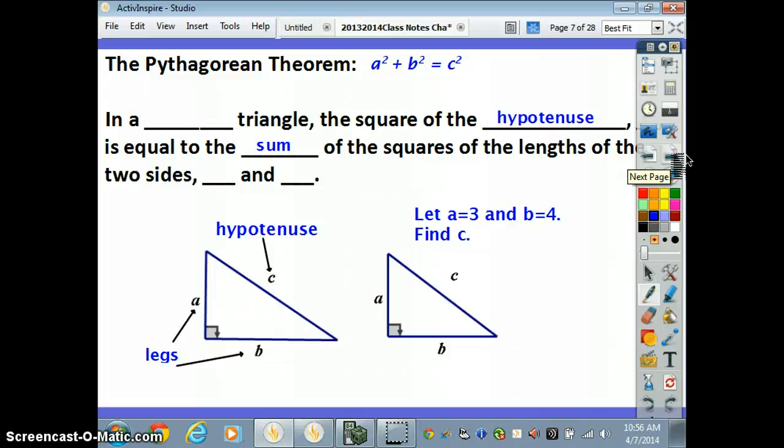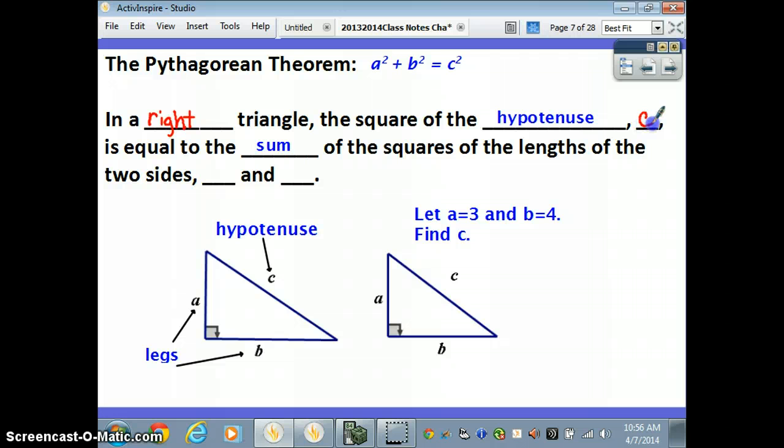Then the final thing we talked about was the Pythagorean theorem. This only works for a right triangle. So in a right triangle, the square of the hypotenuse, that's the longest side, that's the C. Let me put this up here, there's a blank here.